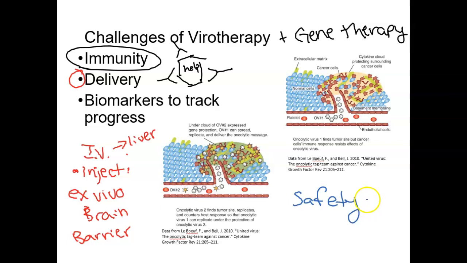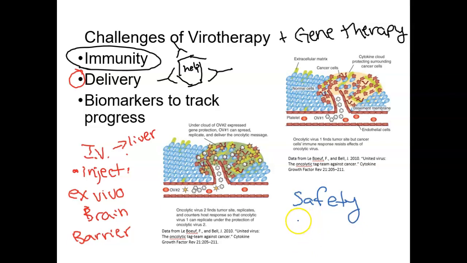You don't want to have an allergic reaction to the virus. And of course, you have to make sure that the viruses are only harming the tumor and they're not replicating in the healthy cells. And you also have to look at integration events.